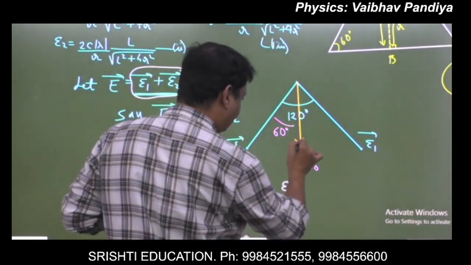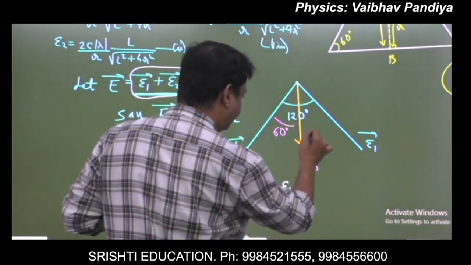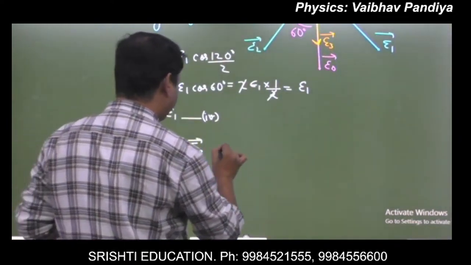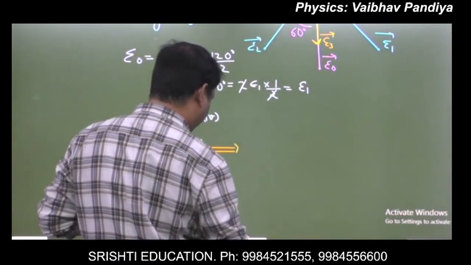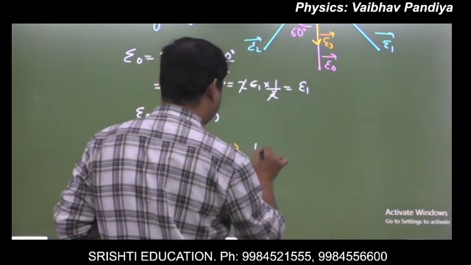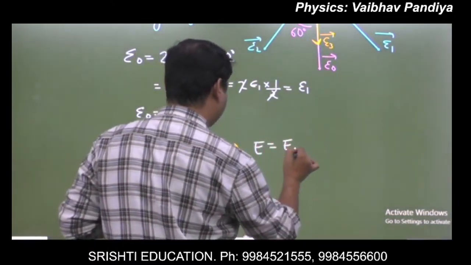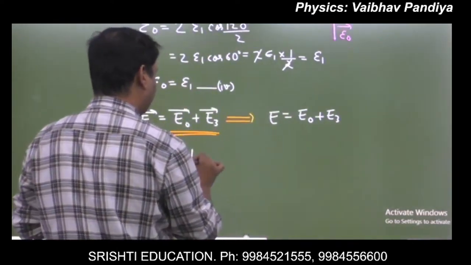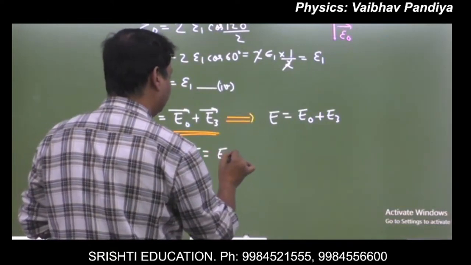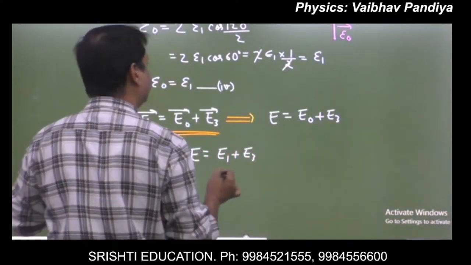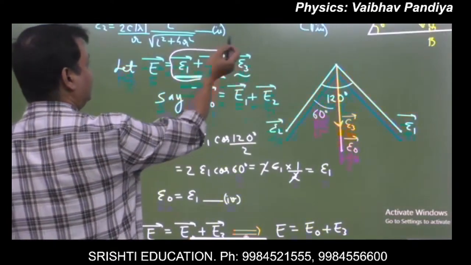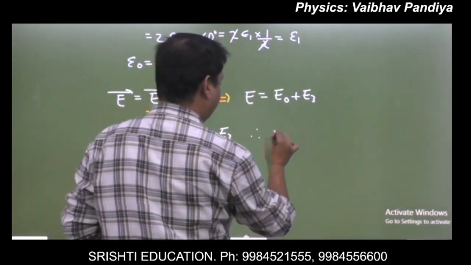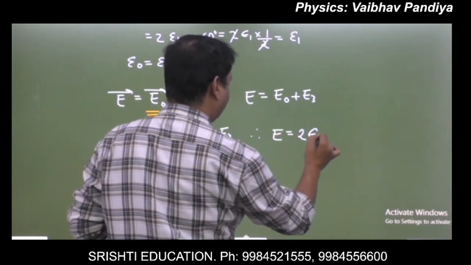Now again we got some luck, right? E3 and E0 are along the same line, so it became a 1D case. So we can remove the vector sign and write E is E0 plus E3, and E0 came to be E1, plus E3, and E3 also has the same magnitude as E1 or E2. So therefore, E came to be twice of E1.